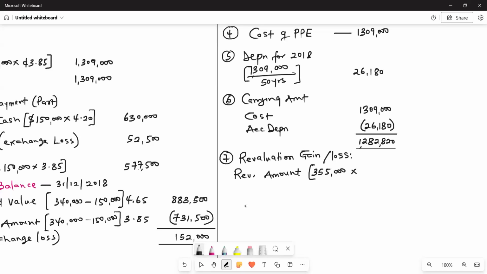So times the rate at the end of the year, how much? 4.65.